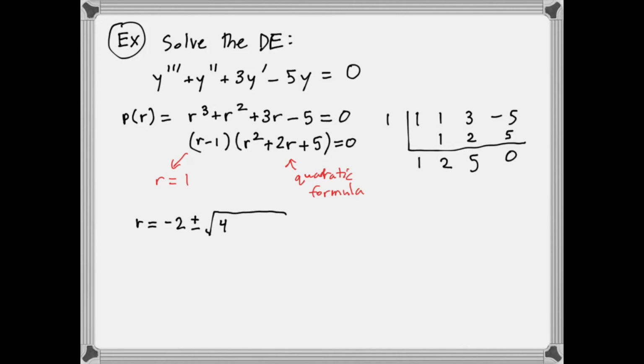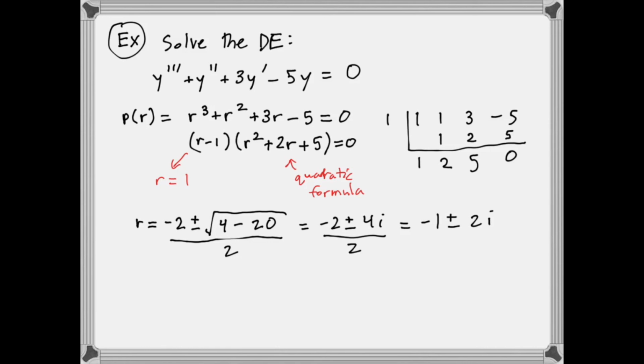So that's 4 minus 20 all over 2a, so 2. What do we get here? Notice that we get a negative 16 under the square root, which is really 4i. So this is what we get, which is the same as negative 1 plus or minus 2i.